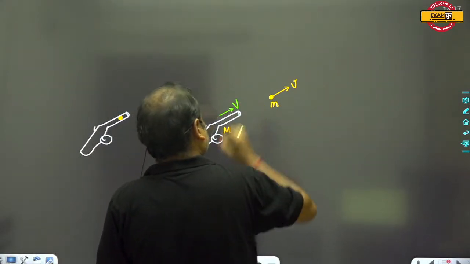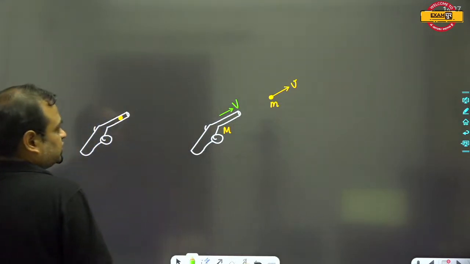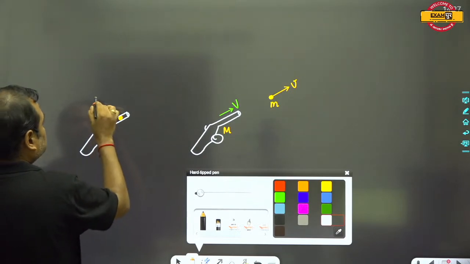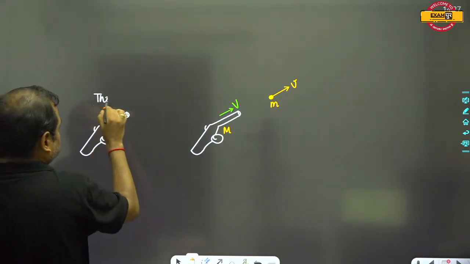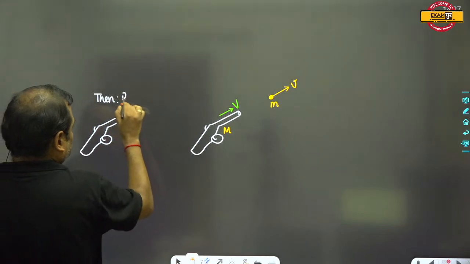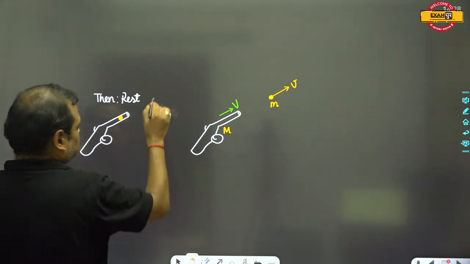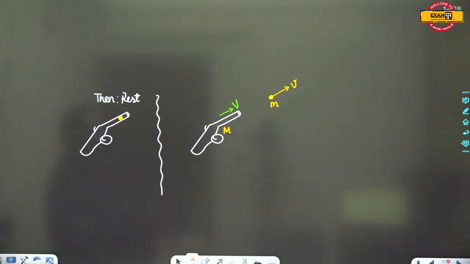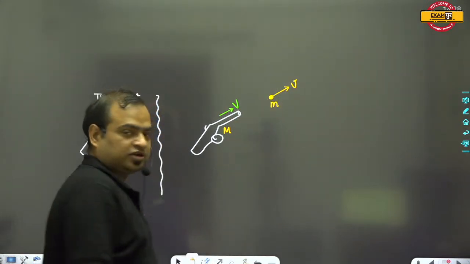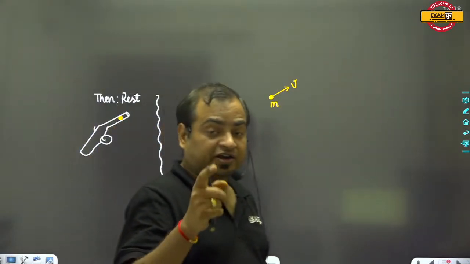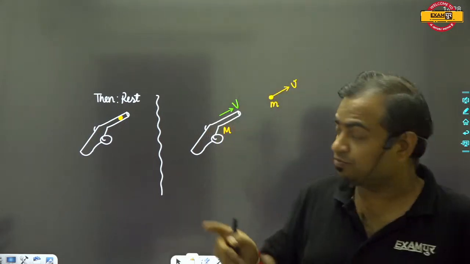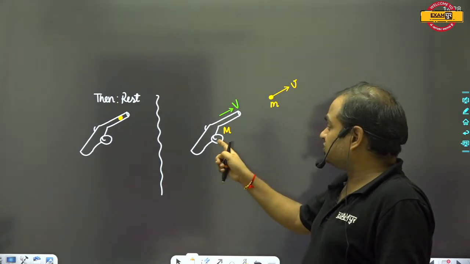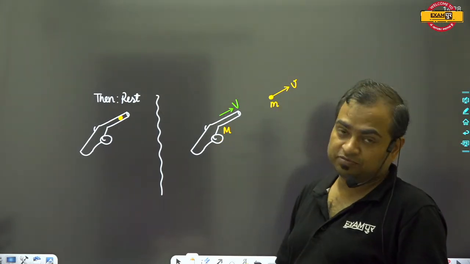Initially, the gun was at the state of rest. Now the bullet has been fired. When the bullet is fired by the gun, you will have to push the trigger, and when you push the trigger, the bullet will come out from the gun.